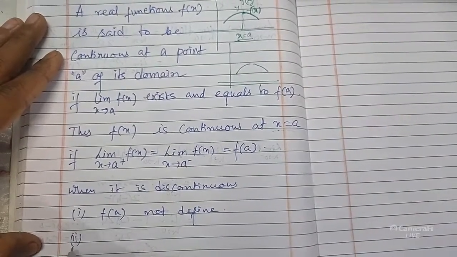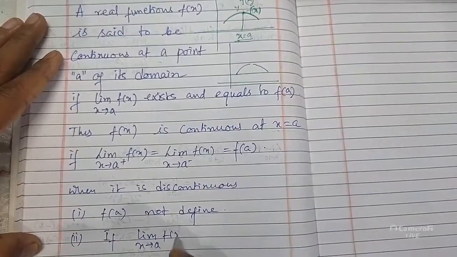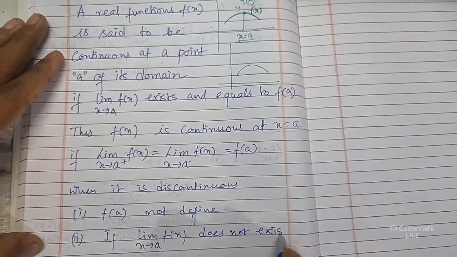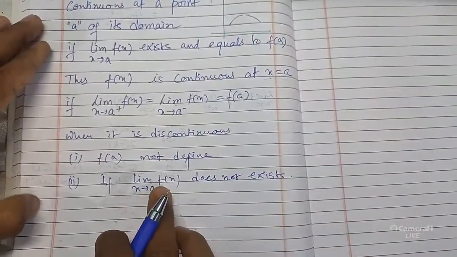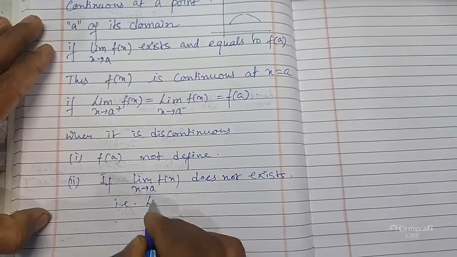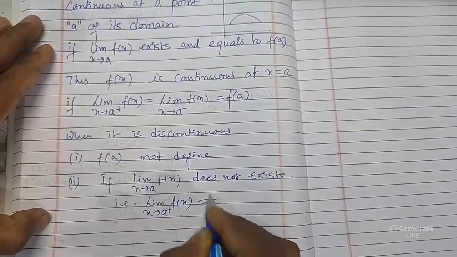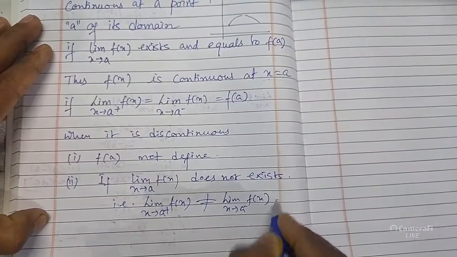Number two, if the limit as x tends to a of f(x) does not exist, that is, the limit as x tends to a plus of f(x) is not equal to the limit as x tends to a minus of f(x).